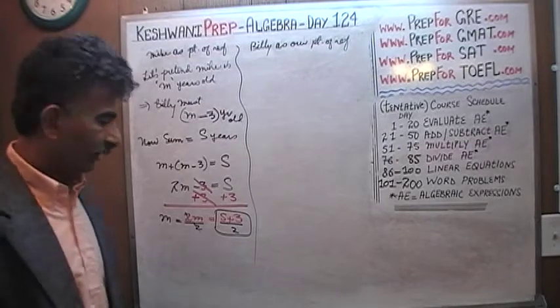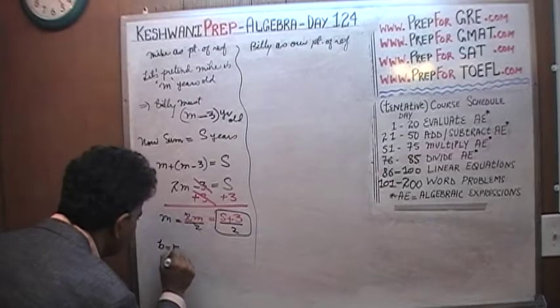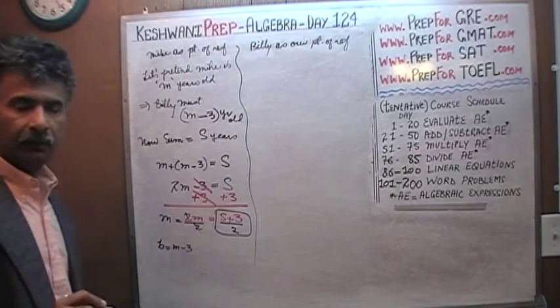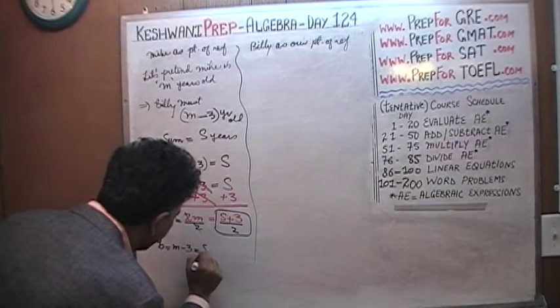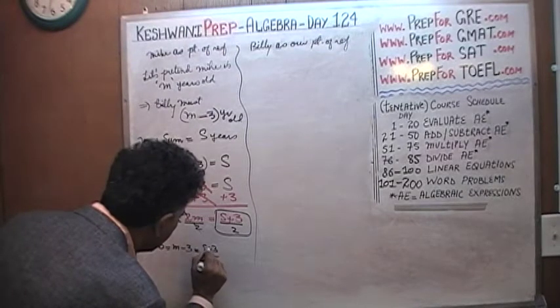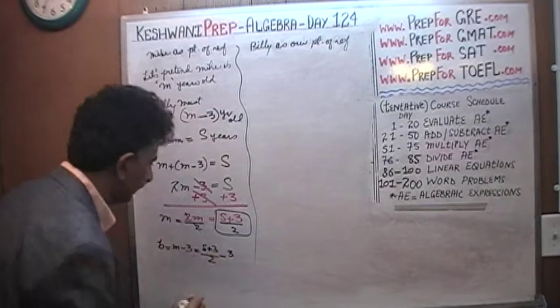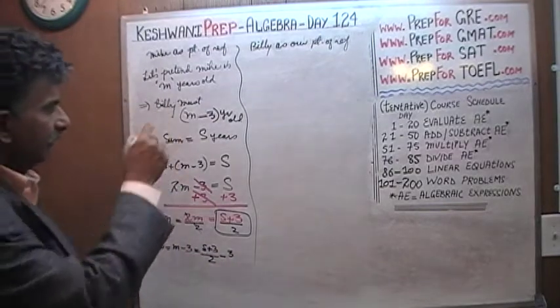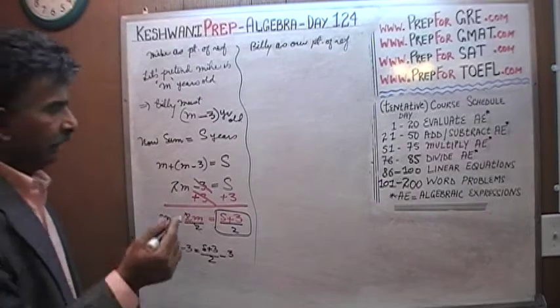Now let's find Billy's age. Billy is 3 less. So we take this quantity, S plus 3 over 2, and subtract 3 from it. This is too crowded because I'm saving the other half of the blackboard. I didn't want to do it once and then erase it and then do the other method.